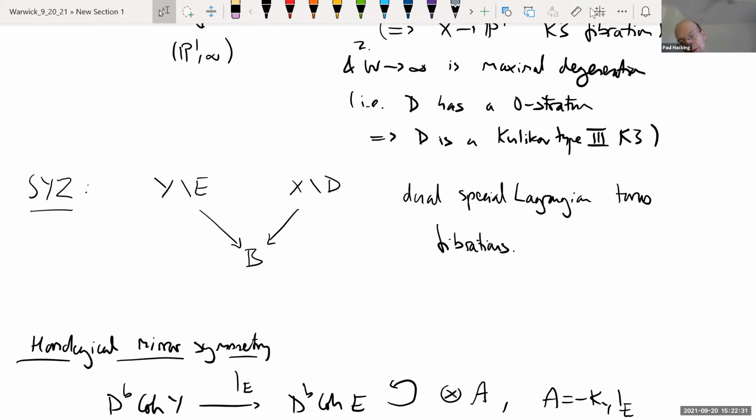So it's this kind of toric picture that the fiber dimension drops as you go to the boundary, and you get compatible torus fibrations.